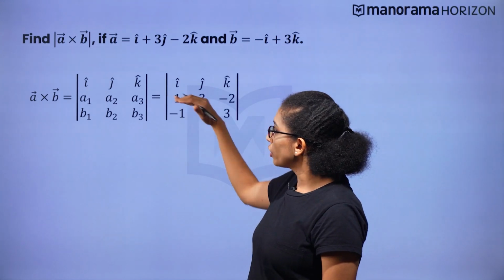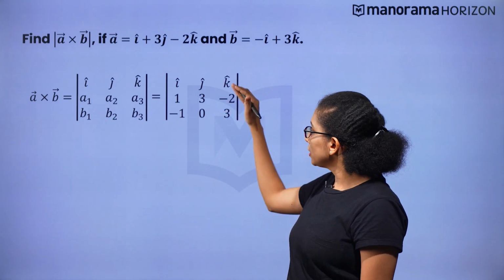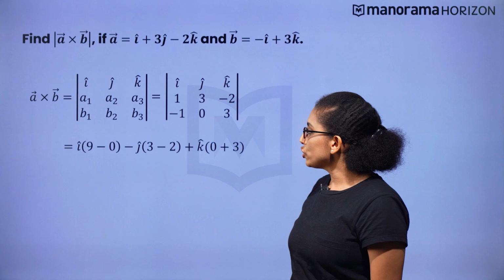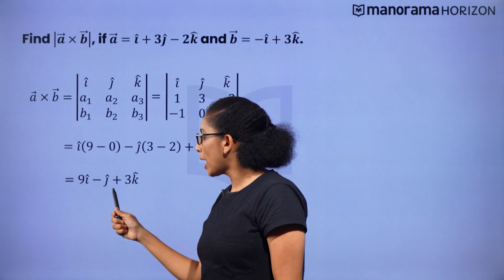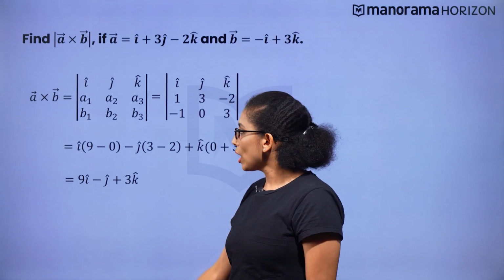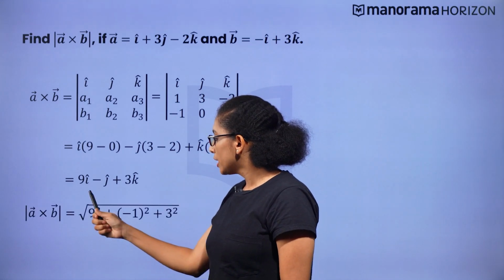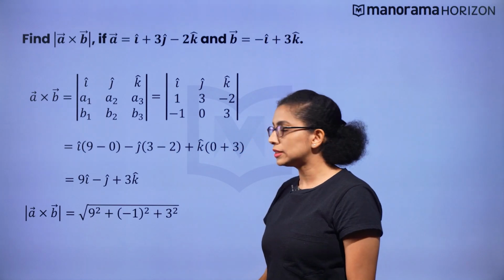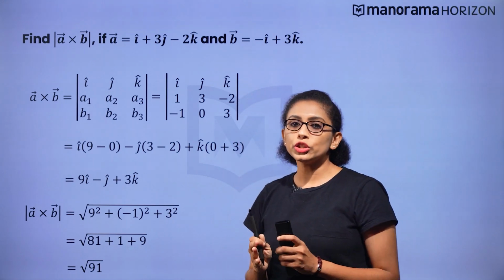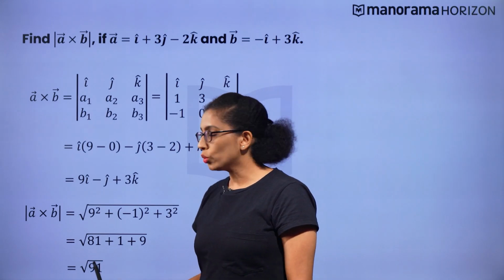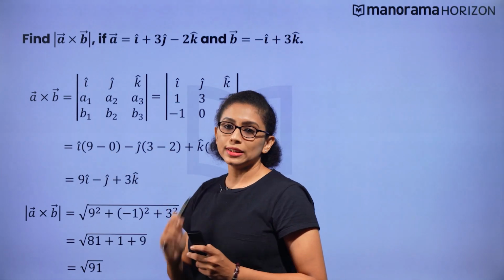Substituting the values for A1, A2, A3 and B1, B2, B3, taking the determinant, on solving, we get A cross B is equal to 9i minus j plus 3k. Now we have to take the magnitude of A cross B, that is 9 square plus (minus 1) the whole square plus 3 square, and we get the final answer as root 91. So the magnitude of the cross product is equal to root 91. This is how we calculate the cross product using determinant.